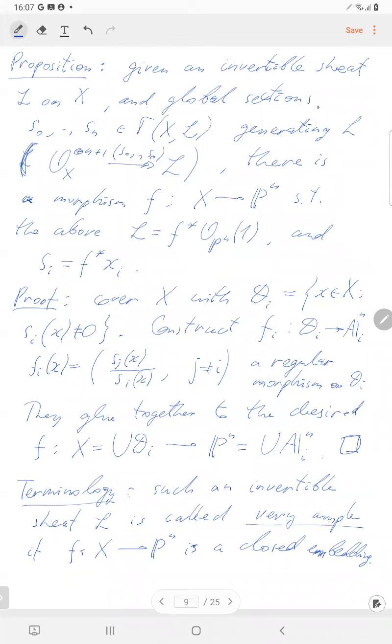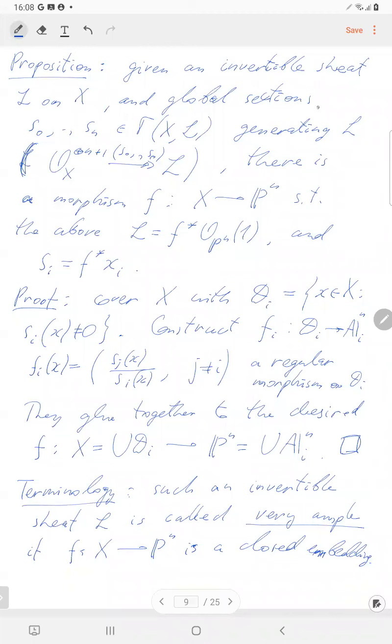Let me stop here and ask for questions. In this formula for the map F_i, do we need to choose some trivialization of L? No, because as we discussed in the beginning of today's class, the ratio of two sections is always a rational function.